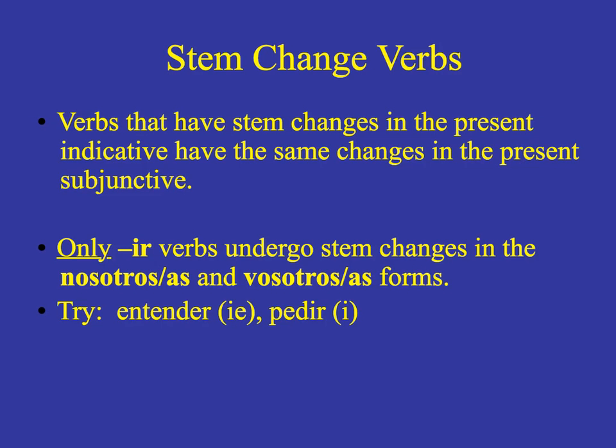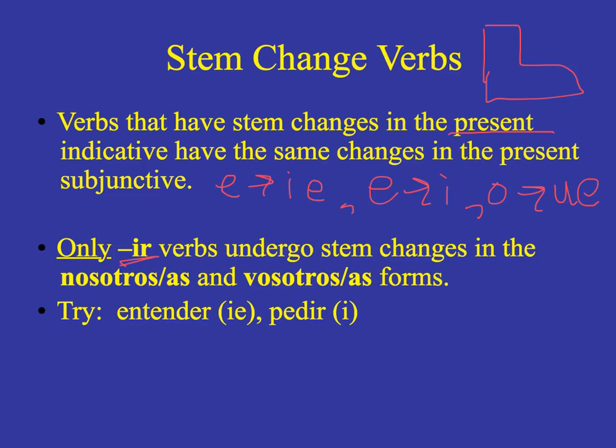Stem change verbs have a unique circumstance. Verbs that have a stem change in the present tense, so remember your boot verbs, have the same changes in the present subjunctive. So think E to IE, E to I, and O to UE.